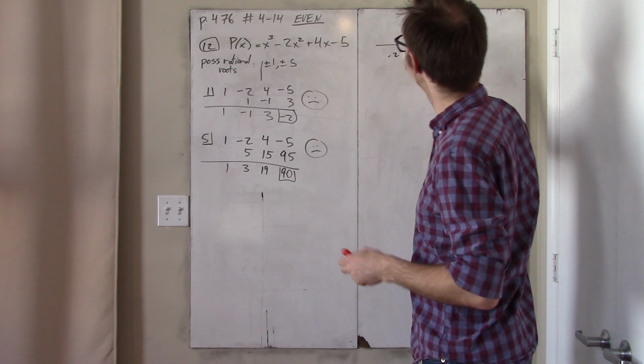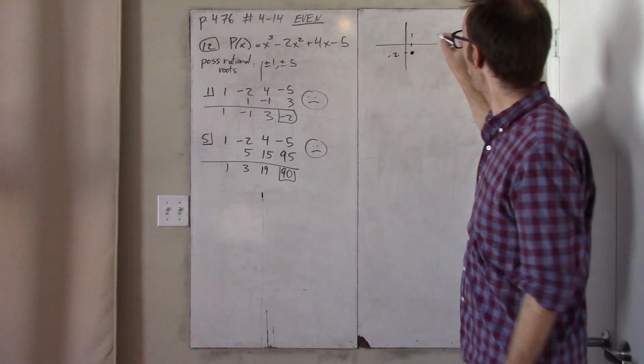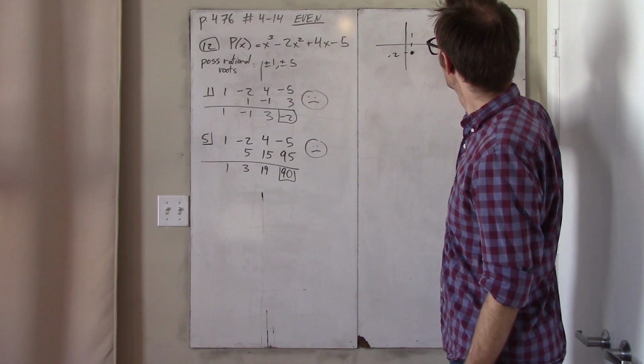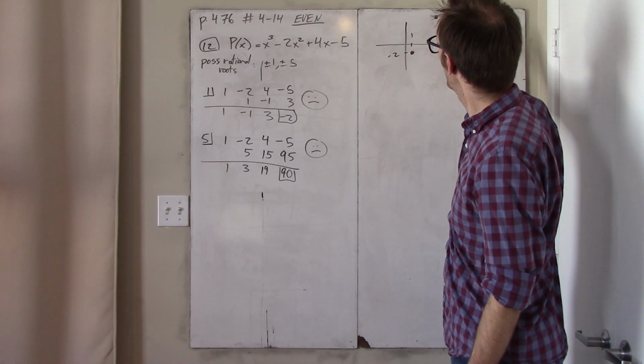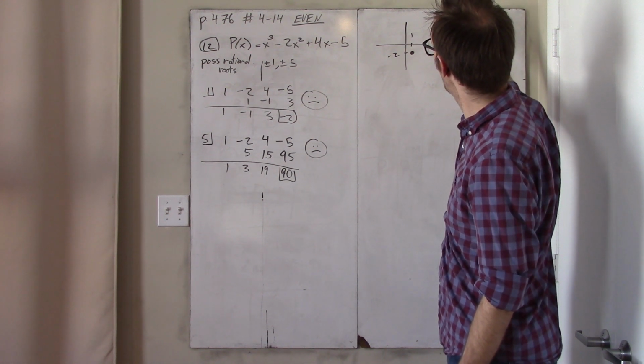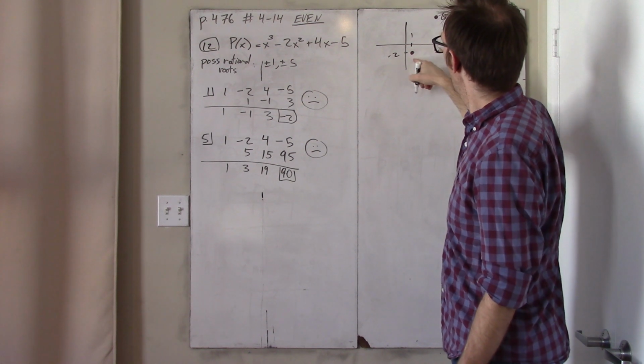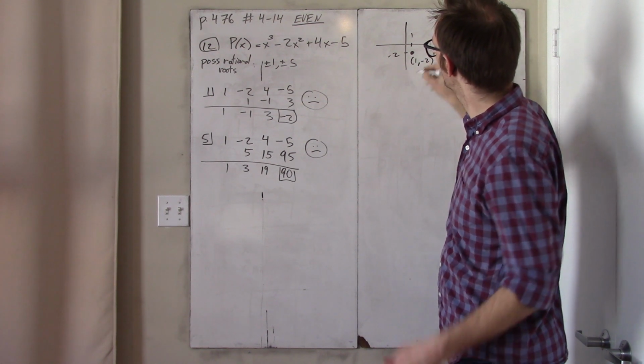Picture not to scale. If you plug in 5, you get 90. So that point is 5 comma 90, and this point here is 1 comma negative 2.